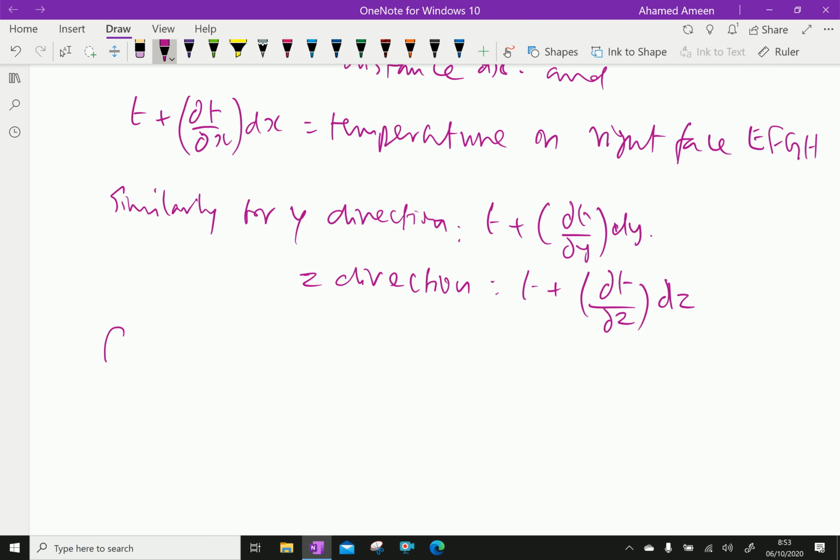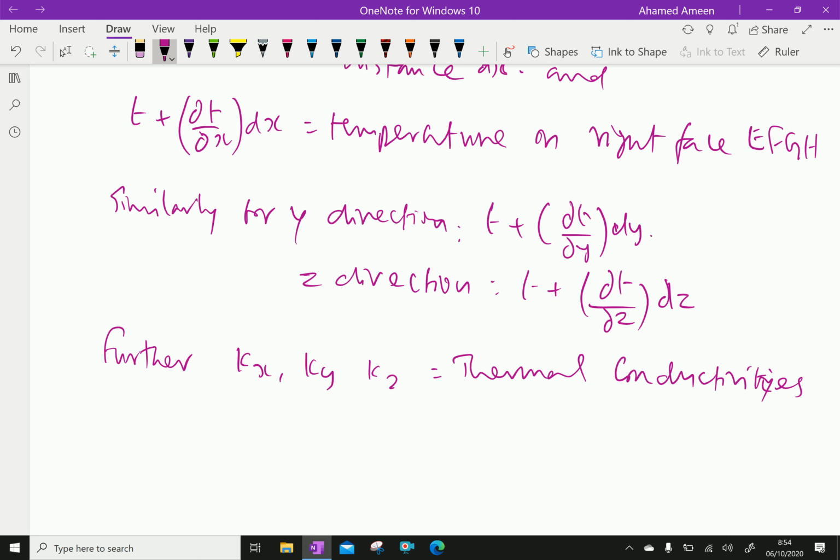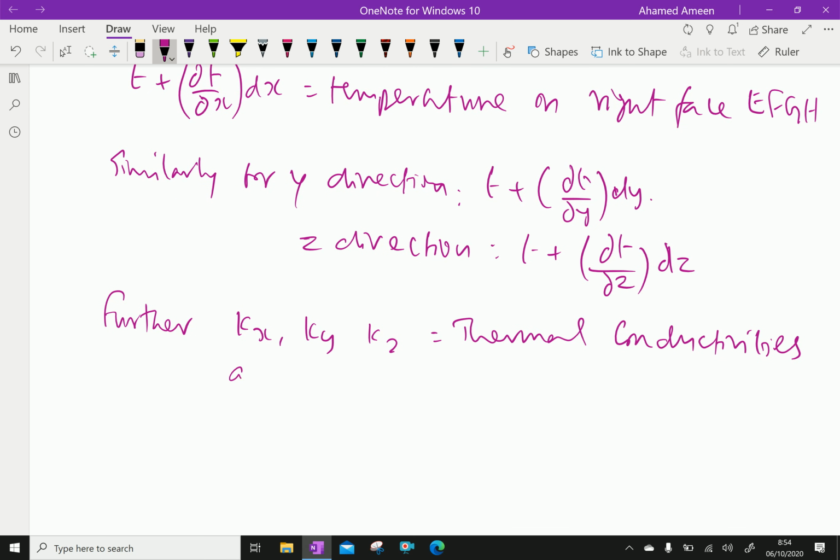Further, let kx, ky, kz be the thermal conductivities of the material along the x, y and z directions.